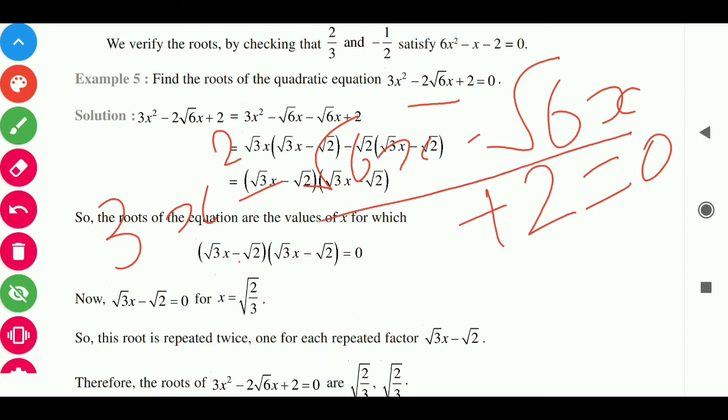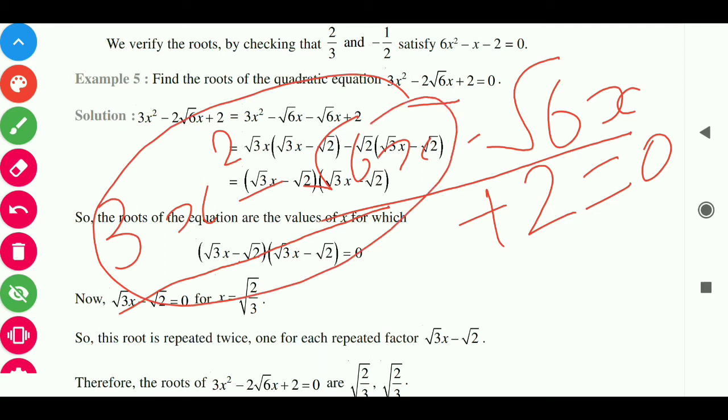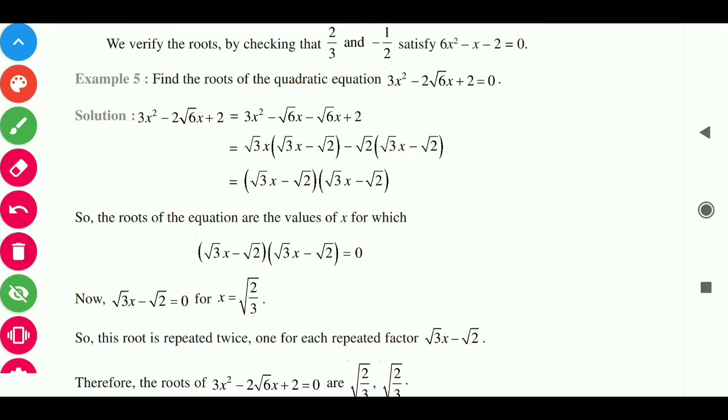Now this is nothing but plus minus 2 root 6x.